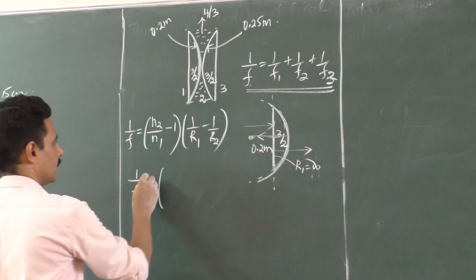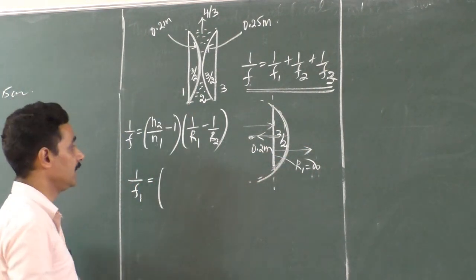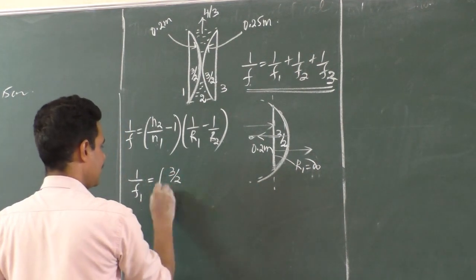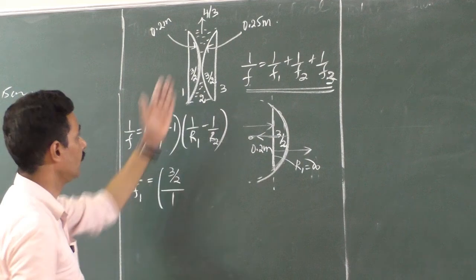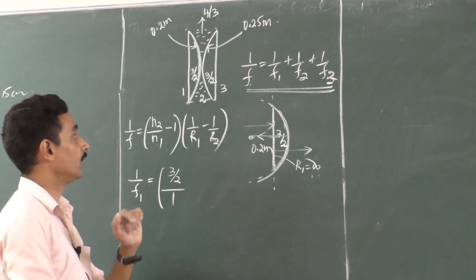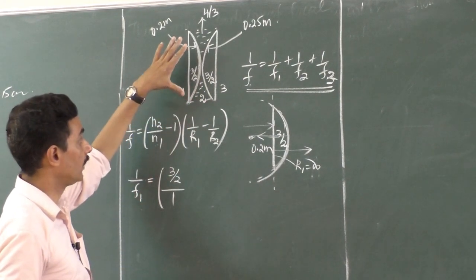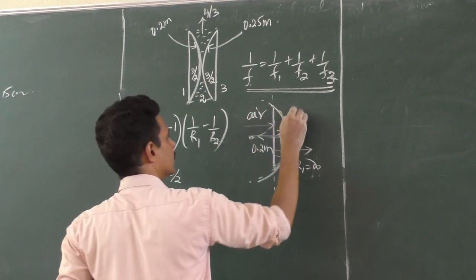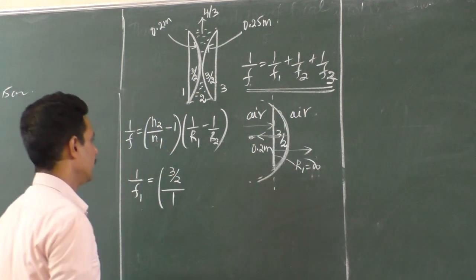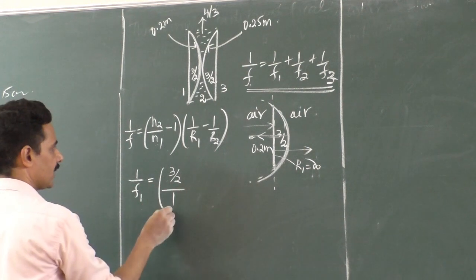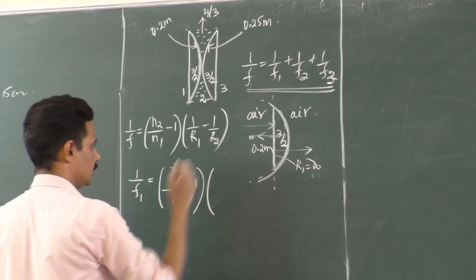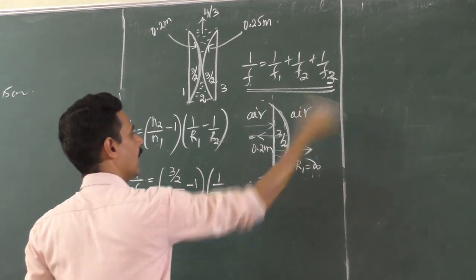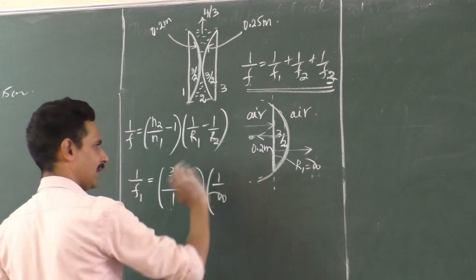So 1 by f is equal to the refractive index of the material of the lens, 3 by 2, by the surrounding medium, which is air. Don't take it as water. It is the focal length we are finding of this lens when it is alone in air. So air is here. 1 by (refractive index of the lens by surrounding medium minus 1) into (1 by infinity for the first surface, on the other side radius infinity, or this side, whatever it is).